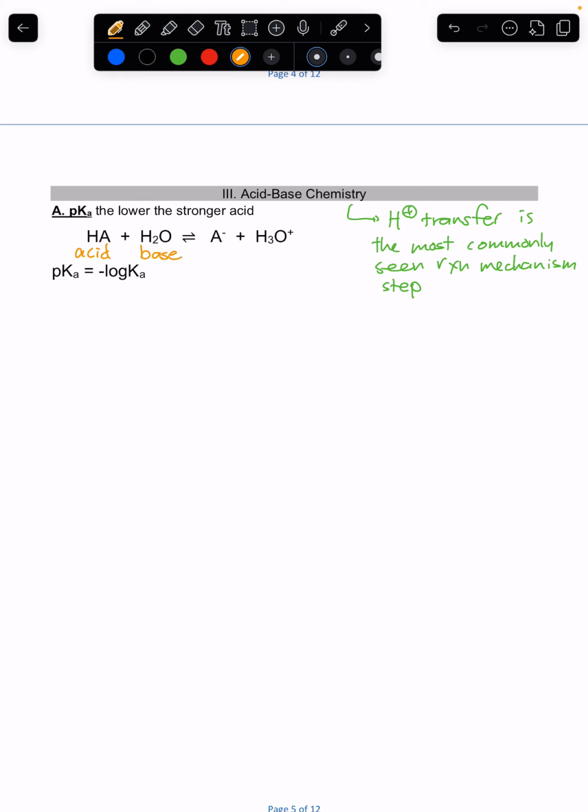This is our base. Now, that doesn't mean that water is always going to act as a base. Sometimes it can act as a proton source or acid if it's reacting with a strong base. It all depends on the acidity or basicity of the other thing that it's reacting with.